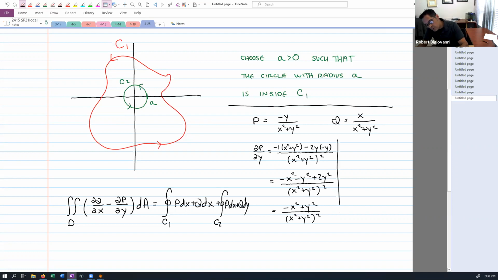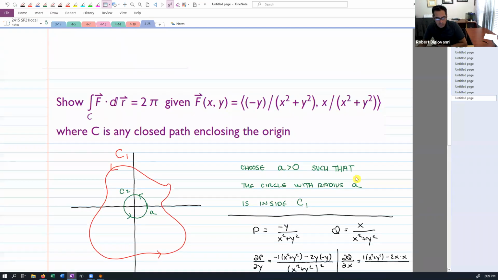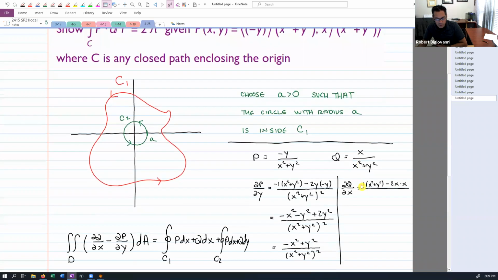Okay, let's get the partial of Q with respect to X. Partial of Q with respect to X, same thing, quotient rule. Derivative of the top times the bottom minus derivative of the bottom, which is 2X times the top, X, all over, wait a minute, hold on.